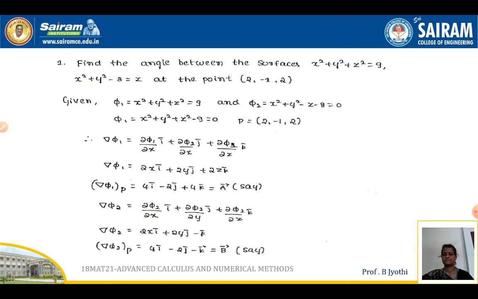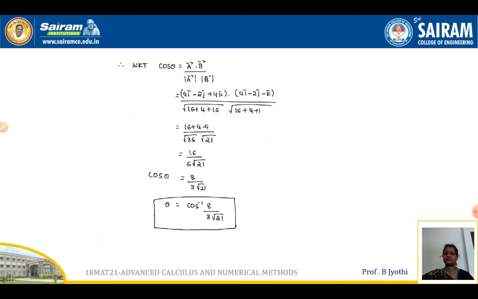So cos theta is given by vector A dot vector B divided by their absolute values. Taking the vectors A and B which we have obtained, divided by the magnitudes: 4 square plus 4 square plus 2 square, that is 16 plus 16 plus 4, which is 36, and 4 square plus 2 square plus 1, that is 21.